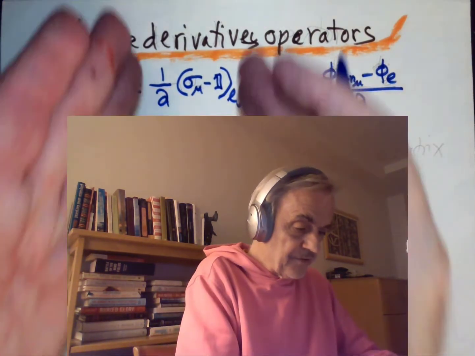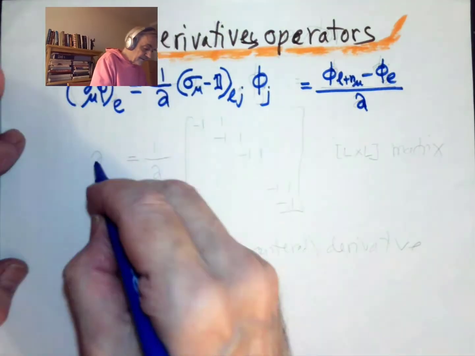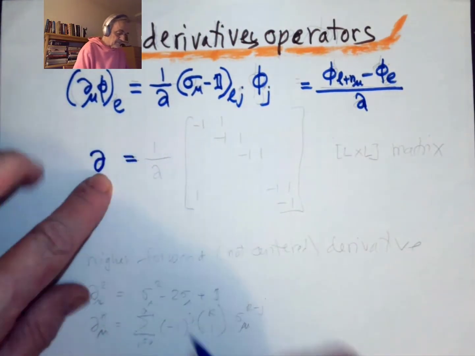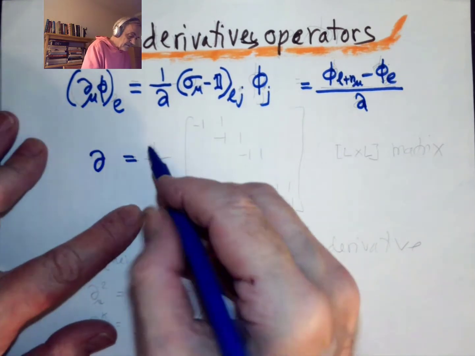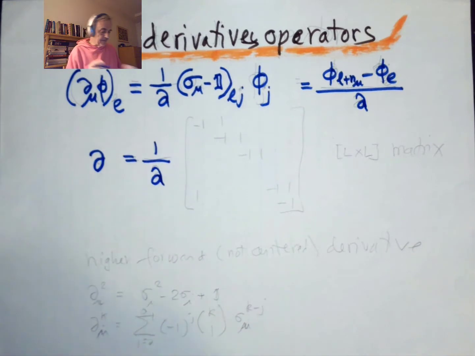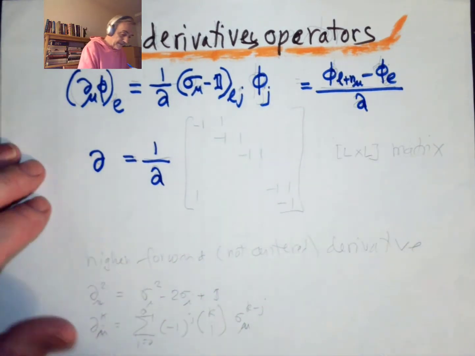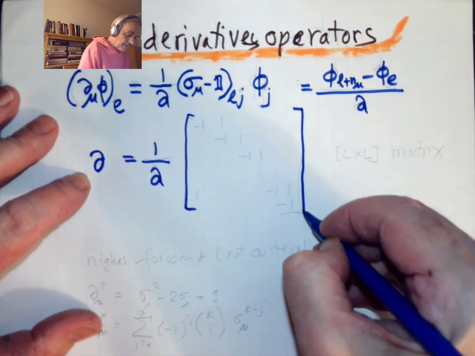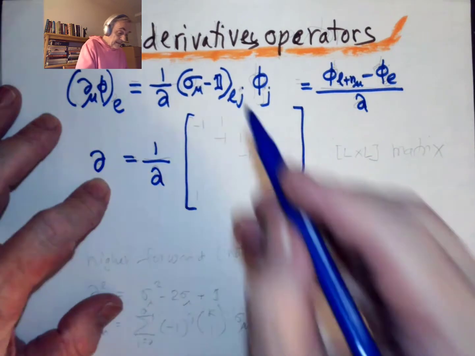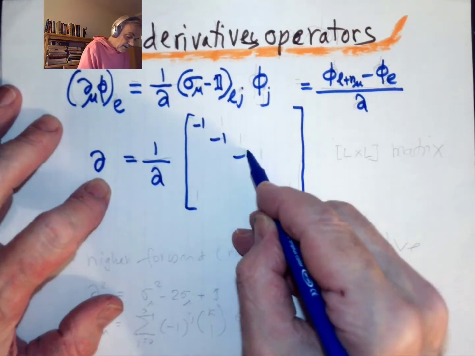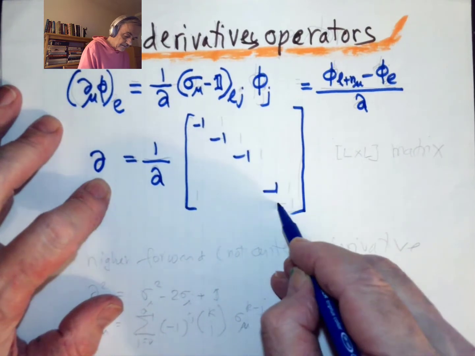But I can just take this part and write it as an operator. And in one dimension, I drop the index. The operator has a constant in front, which is the lattice spacing, which might go to zero, might not go to zero, depending on the problem. But what's inside is wonderfully simple. I have minus identity. That means on the diagonal, I have minus ones, like turtles, all the way down.